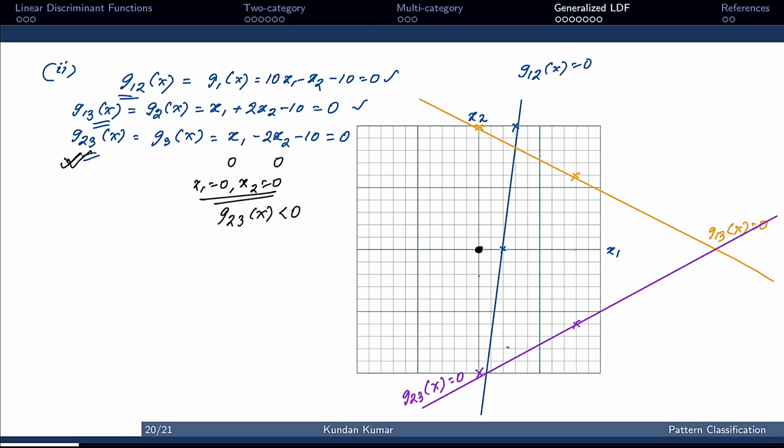So we can mark the positive and negative sides. The positive side is omega 2 and the negative side is omega 3, because the first term is 2 and then 3. Similarly, for g13(x), this is the negative side and this is the positive side. So the negative side is omega 3 and the positive side is omega 1.